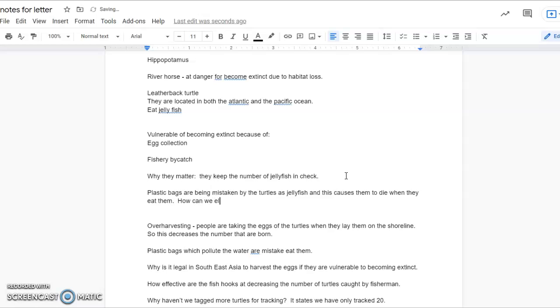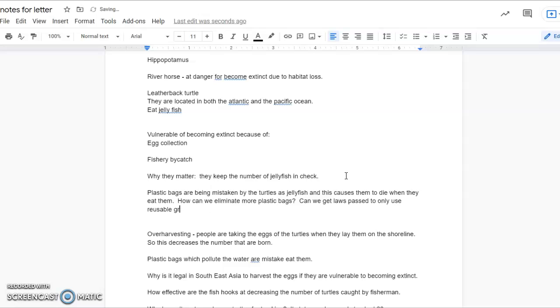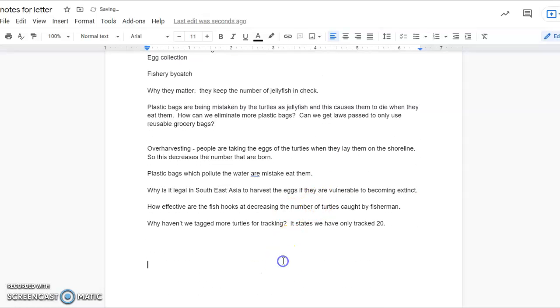How can we eliminate more plastic bags? Can we get laws passed to only use reusable bags? Grocery bags? It's kind of like in the grocery store. So these are some questions that I came up with, which are some really good questions on what we can do to help these leatherback turtles.